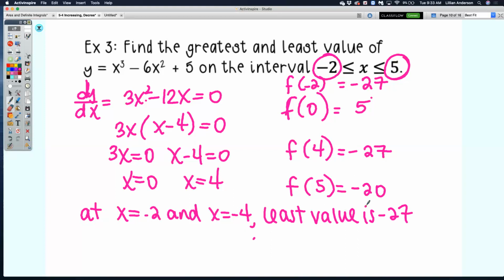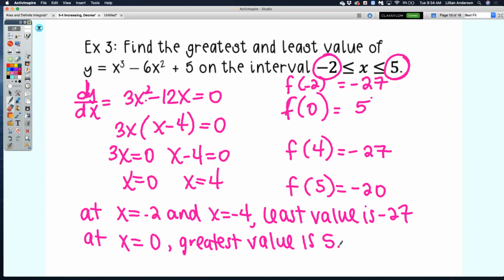And then our largest one occurs at 0, and the greatest value there is 5. And we know those are the lowest values and the highest values because remember, 0 and 4 represent critical points. They represent maximums and they represent minimums.